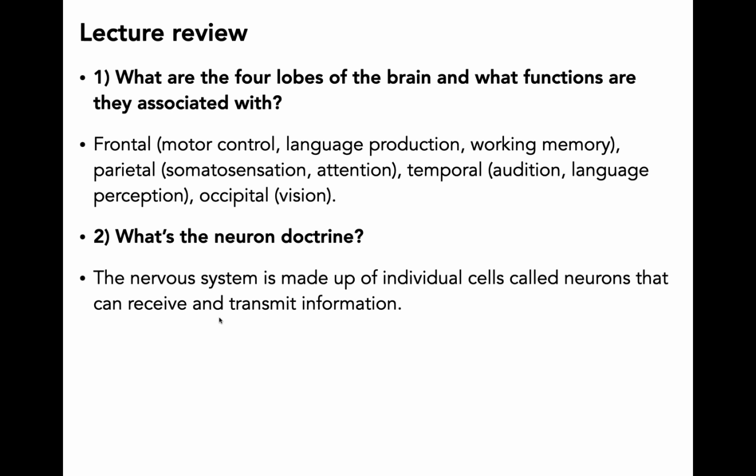Maybe it's just one big, connected net of cells, like one giant cell, for instance. They weren't sure. And so it was really when microscopy advanced to a particular point where we could actually see individual neurons that we realized that the nervous system consists of these individual discrete cells that send and receive information.